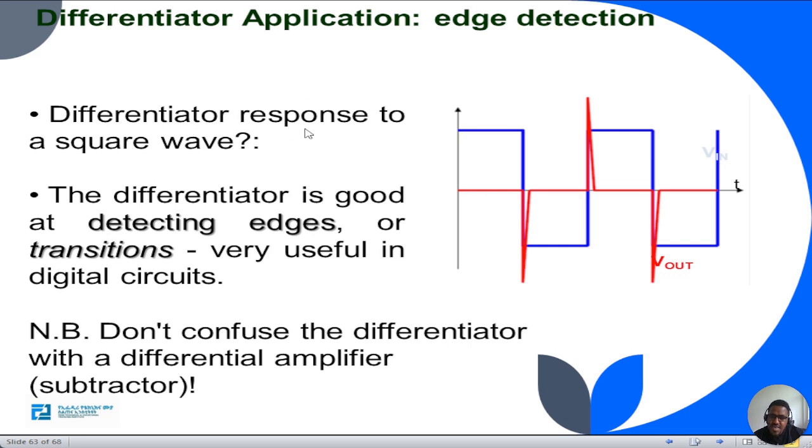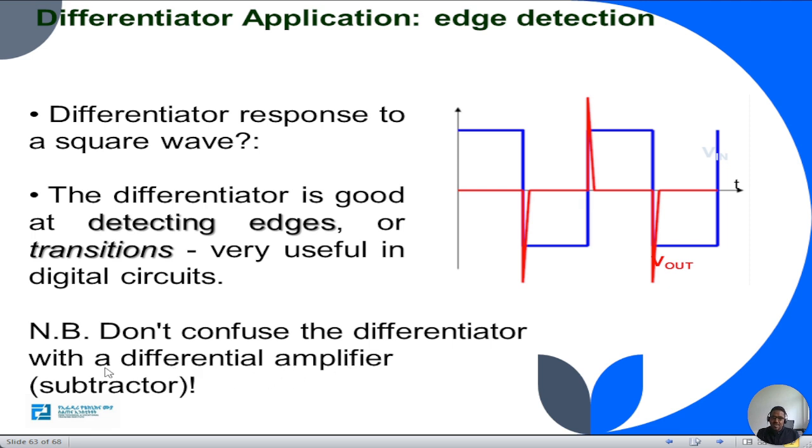So the differentiator's response to a square wave: the differentiator is good at detecting edges or transitions, very useful in digital circuits. So the differentiator op-amp is mostly applied in edge detection. But don't confuse the differentiator with a differential amplifier.